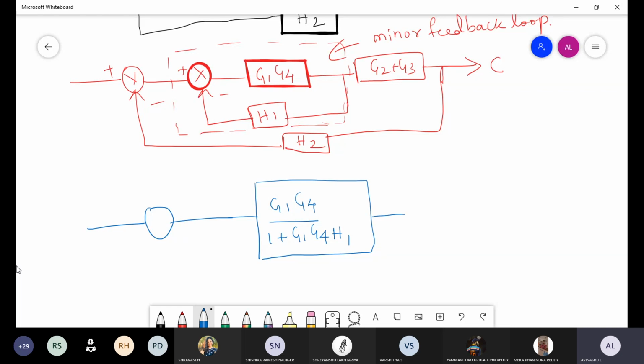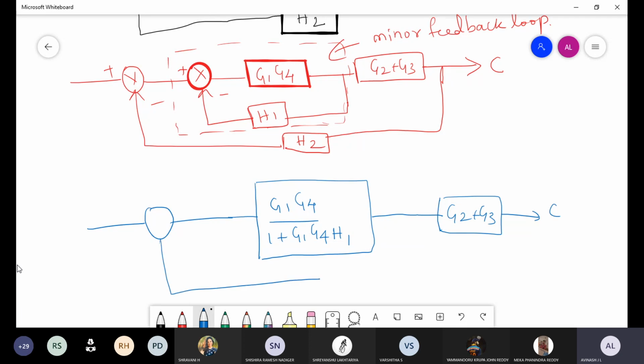So now once you do this, here once again, what is that? G2 plus G3, which will become what? Multiplication. Correct. G2 plus G3 in series.